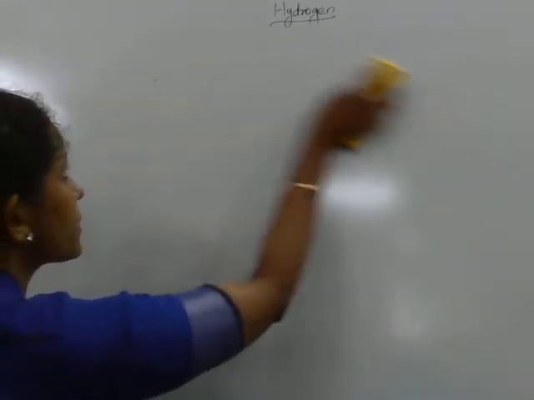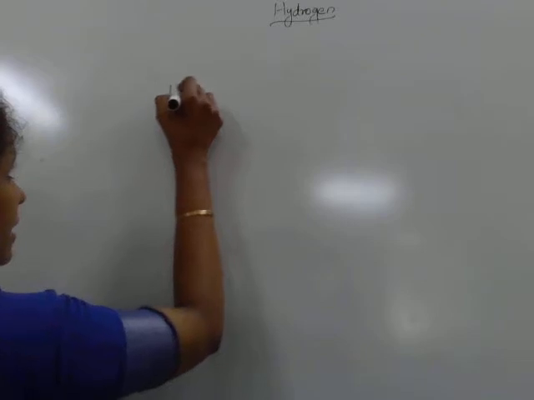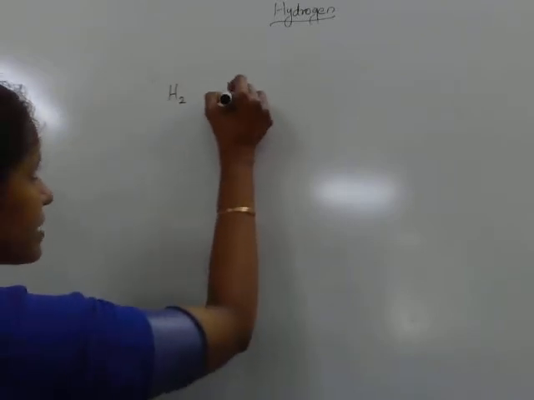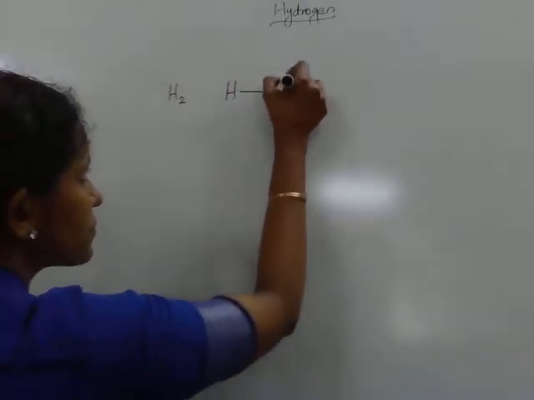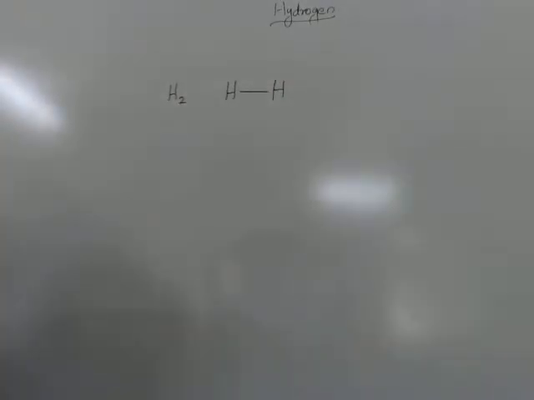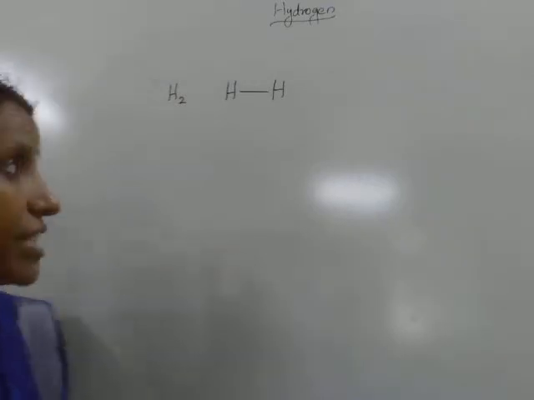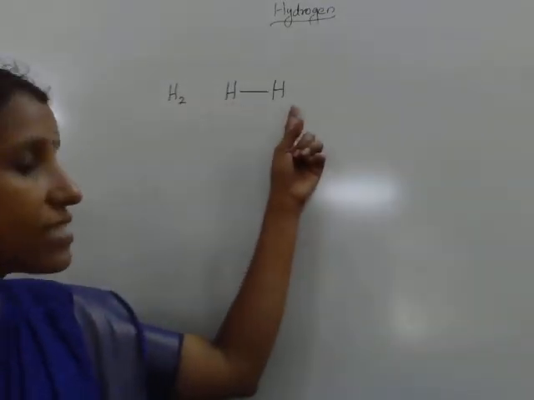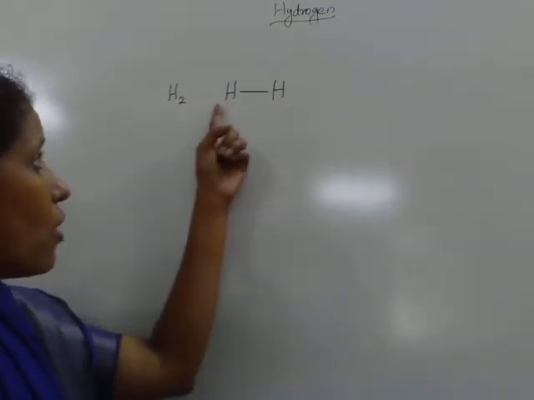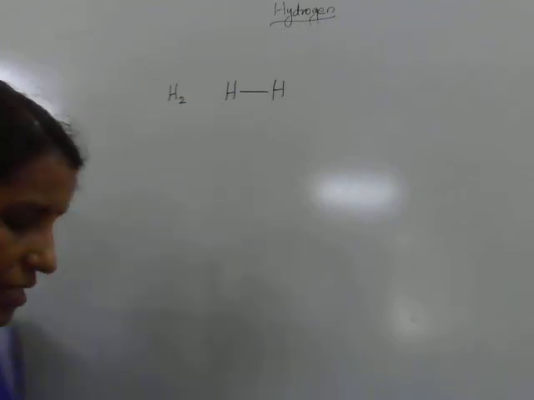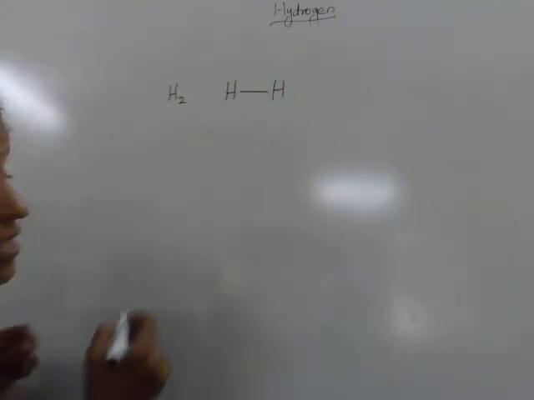Dihydrogen, as we know, is represented as H2. It is formed by sharing 2 electrons between 2 hydrogen atoms. The chemical reactivity of dihydrogen depends on the bond strength, or the bond dissociation enthalpy. This H-H bond strength is very high.